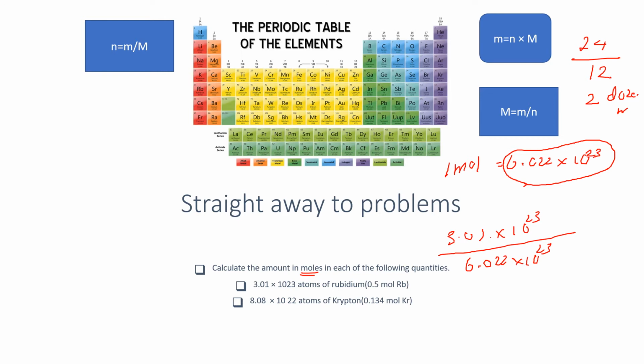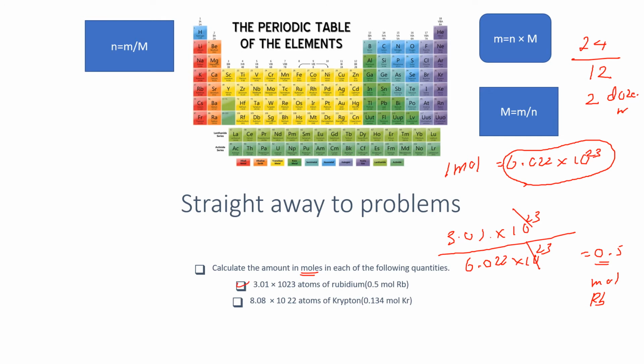So in this case, 10 to 20, 10 to 20 cancel out, nearly 0.5. Oh, sorry, 0.5 moles. Mole of what is the element? Rubidium. So 0.5 mole of rubidium here, or half Avogadro constant of rubidium moles.